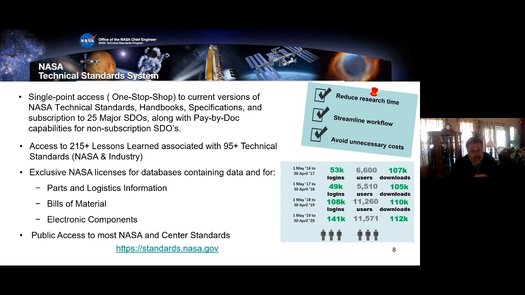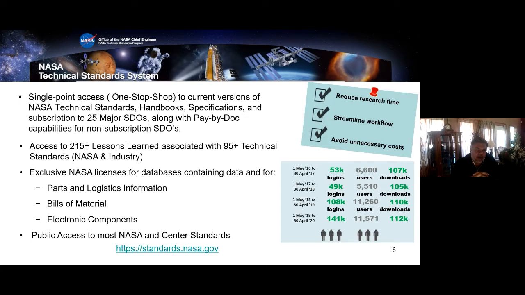The program is pretty much funded out of the NASA Chief Engineer's office up in Washington, and that's the office I report to. So we pretty much have a single point of resource to manage the program, and also fund the system itself. One thing unique about our system is we try to identify lessons learned across the agency.